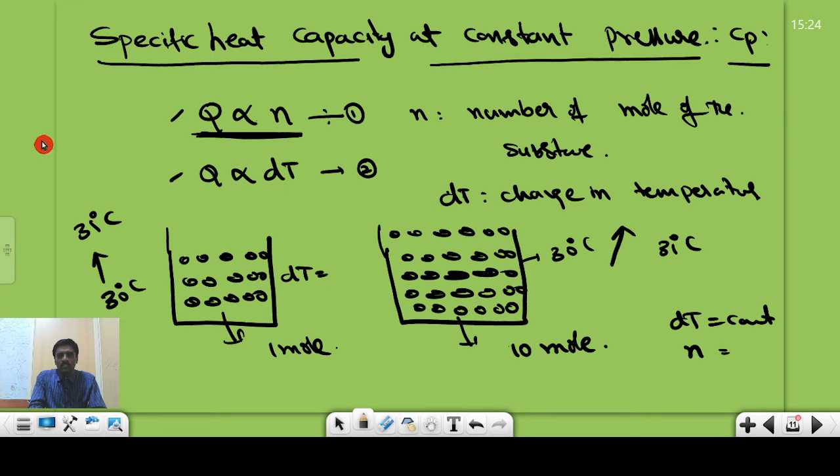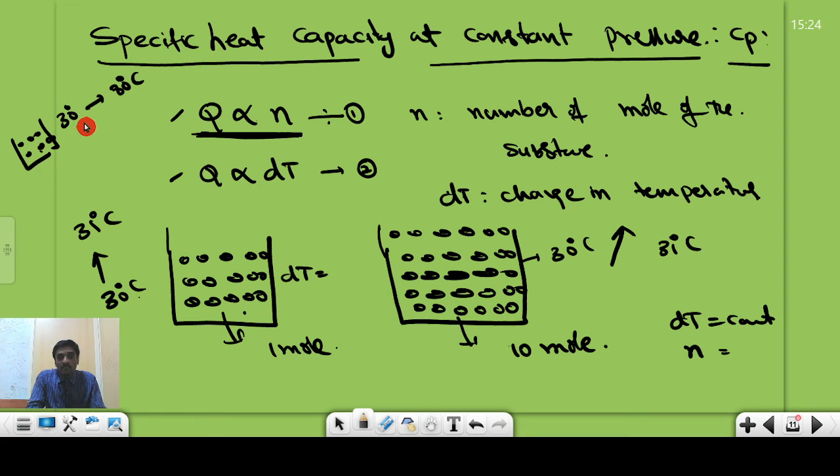Now for the other condition, I am taking only a single substance that has only 1 mole. This is the 1 mole. Here we increase from 30 to 31 degrees centigrade. For the second condition, I am going to increase from 30 to 80 degrees centigrade.